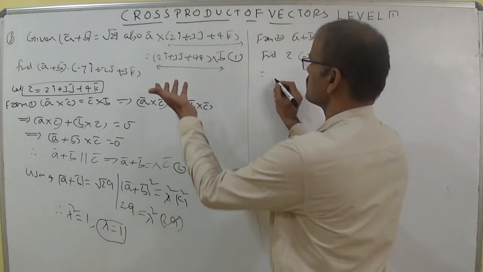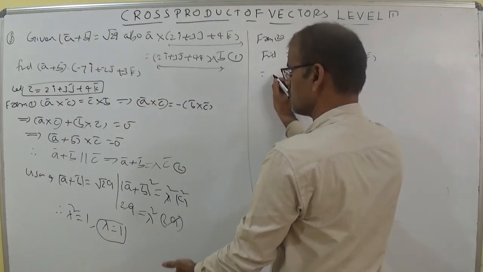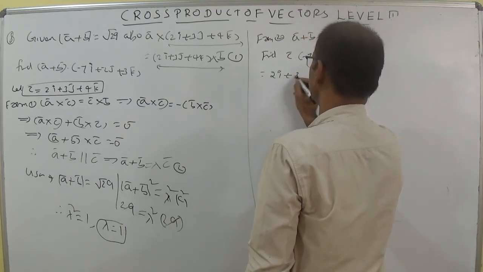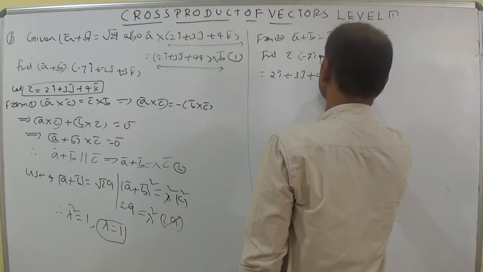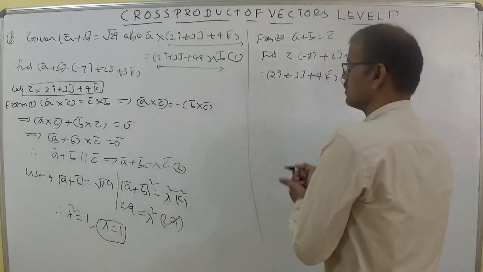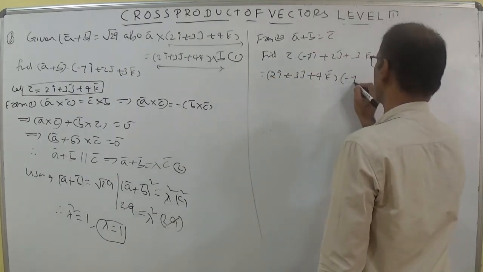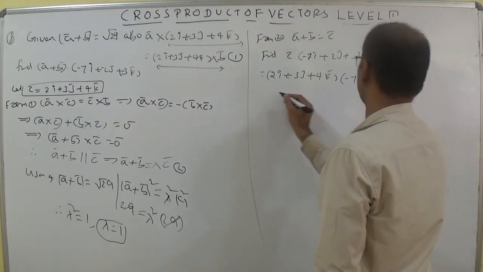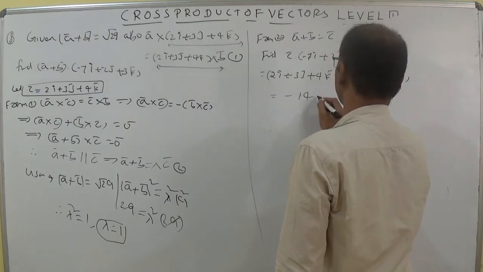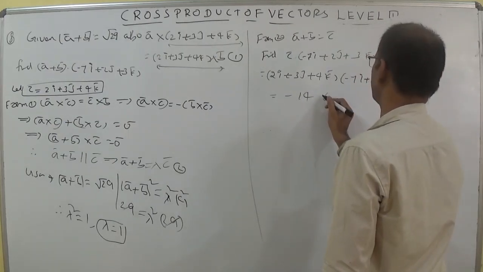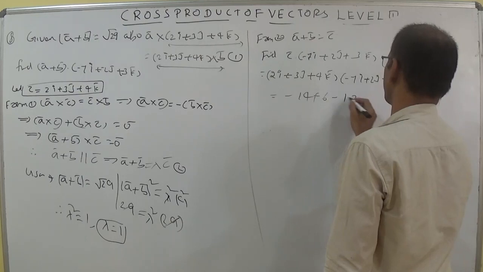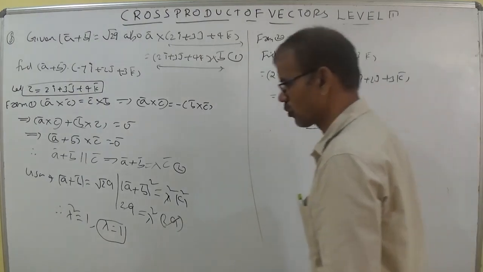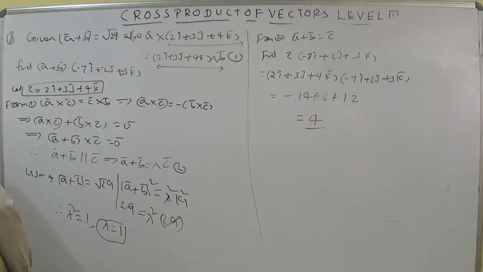It is C, whatever value he has given. So 2i plus 3j plus 4k dot minus 7i plus 2j plus 3k. Now using the concept of i dot i, we get minus 14 plus 6 plus 12. 6 plus 12 is 18, and 18 minus 14 becomes 4. 4 is the right answer.